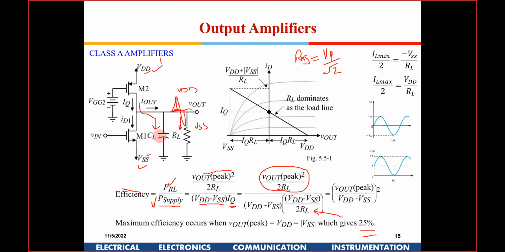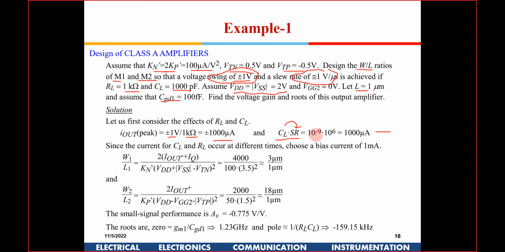The maximum current in the capacitor flows when this voltage is 0 and is switching from 0 to high. So you have to take the bigger of these two values. In this particular example both are the same, so you can take I out to be 1000 microampere. If they are different, you have to take the bigger of the two. Is it okay with all of you?